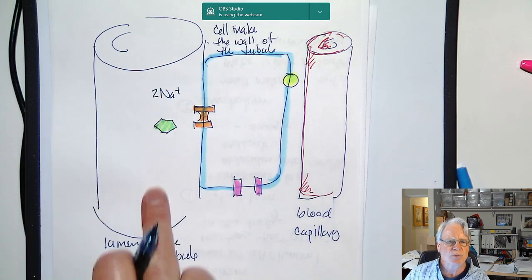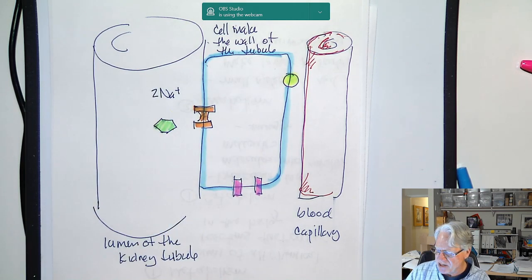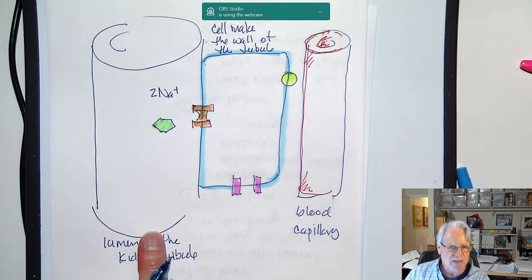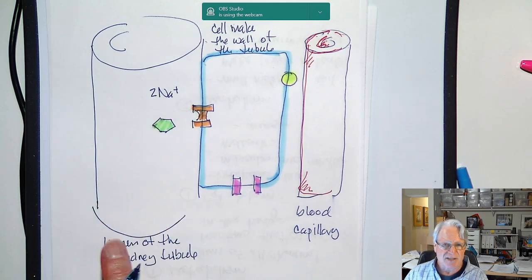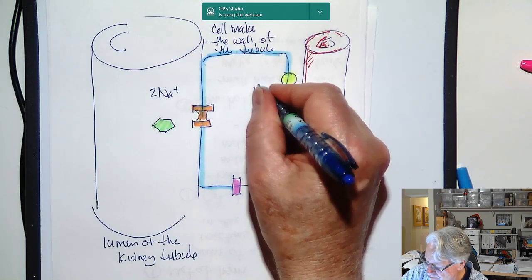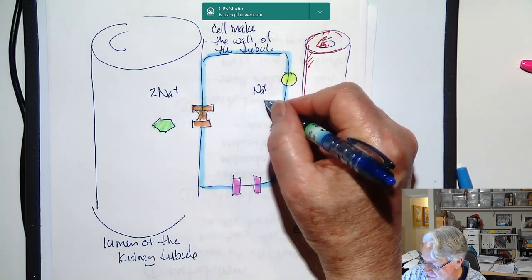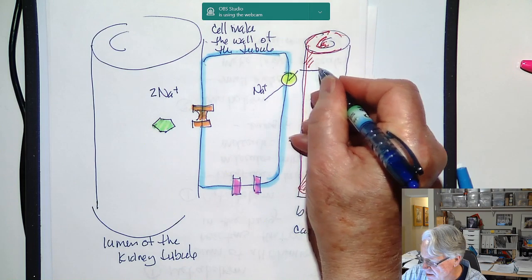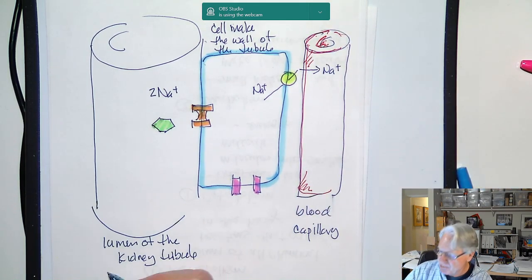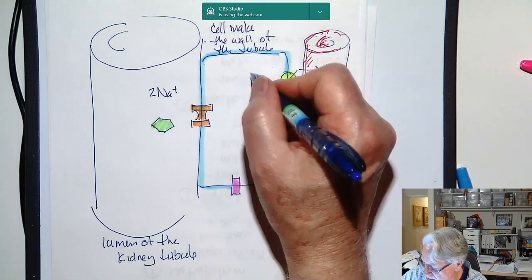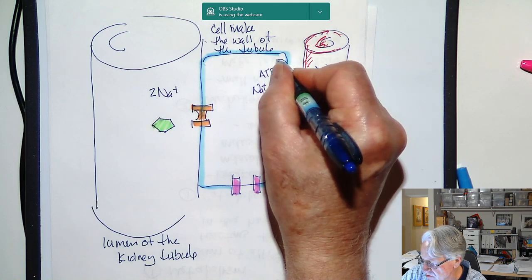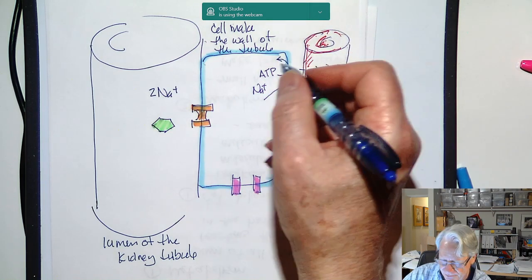Now they're inside the tubule. And our problem is we want to recapture the things we need, like glucose, and leave the waste behind. And this is one of the mechanisms in which that happens. So over here, I'm going to use a little bit of energy, and I'm going to pump sodium out, and eventually it'll get back into the blood. But I'm going to use up ATP right here. So I'm going to take ATP, and I'm going to convert it to ADP.